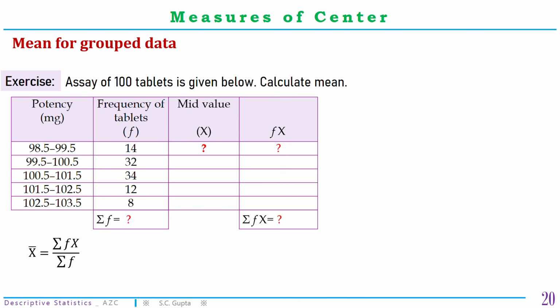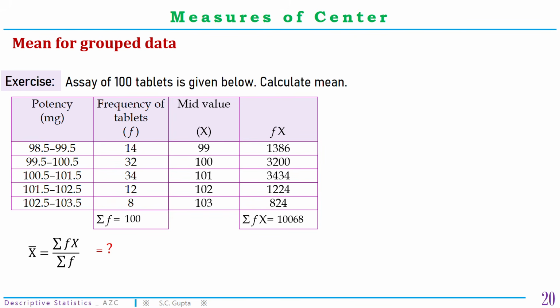We need to find out the mid-value of the class as x value, and the next column we need to insert is fx. Sigma f is the sum of all frequencies, and the sum value is 100. Mid-value of each class is identified.